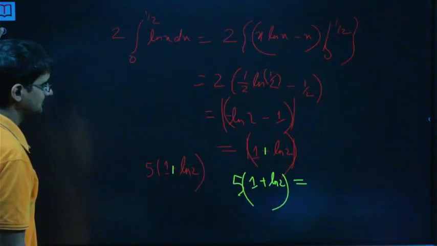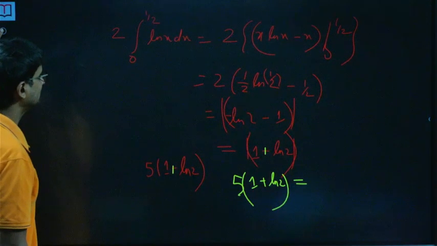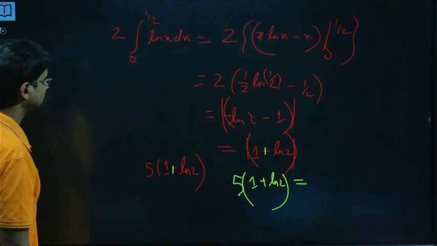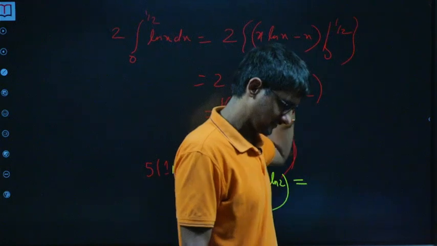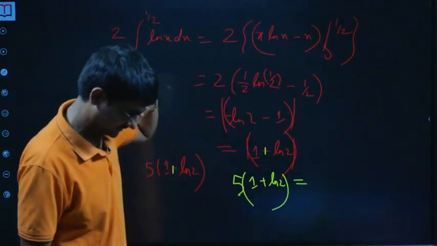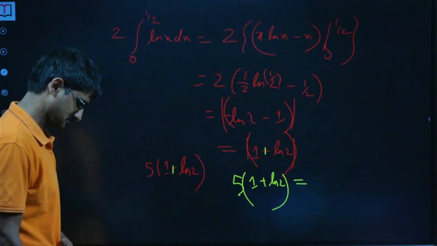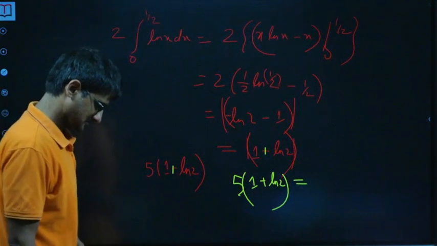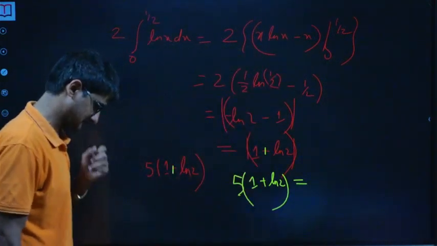Okay, I don't think there is any mistake in the calculation, isn't that right? 0 to half, half to 1, ln x. Okay, wait.